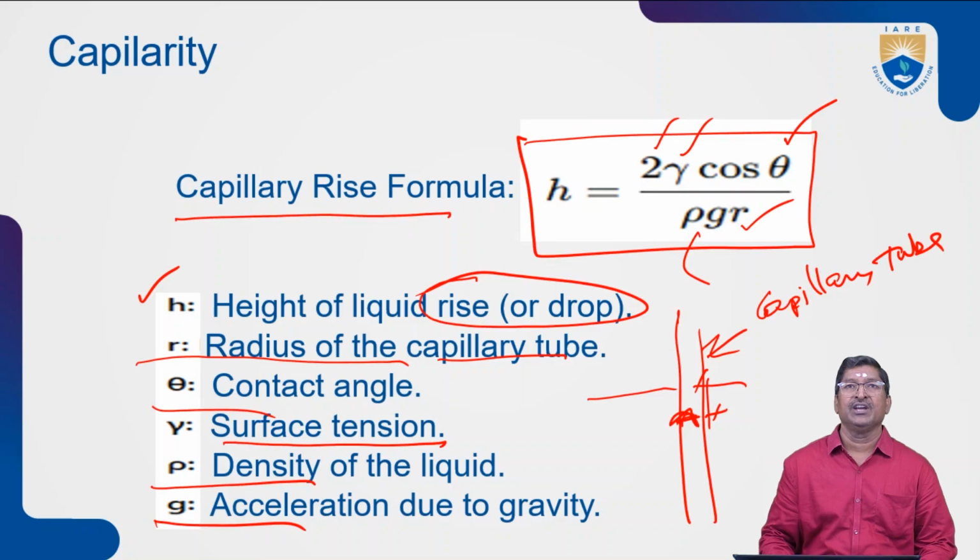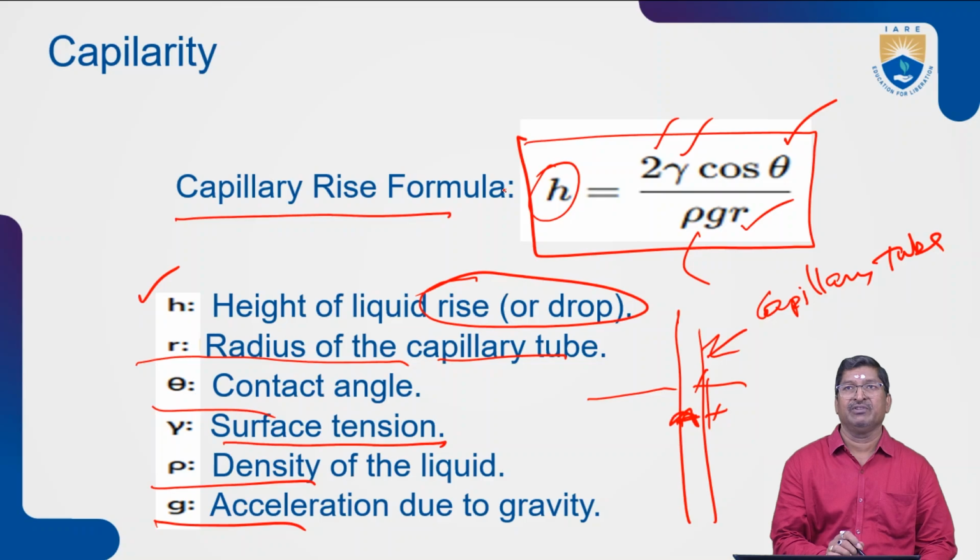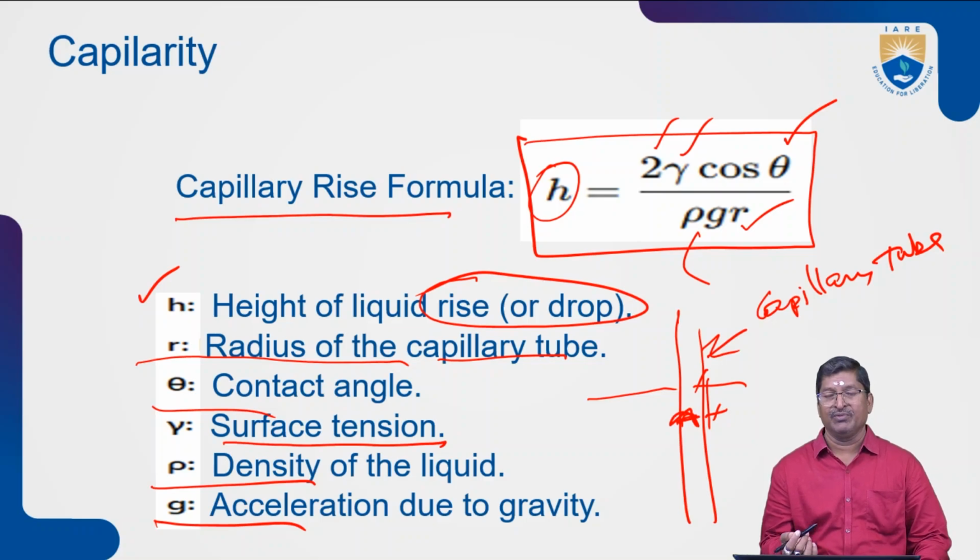So the force for the capillary rise determines how much water will rise in a smaller tube. The height is called h, the height of a liquid rise or drop, depending upon the type of material, maybe water, maybe mercury.